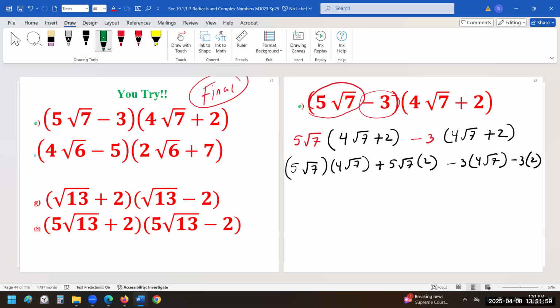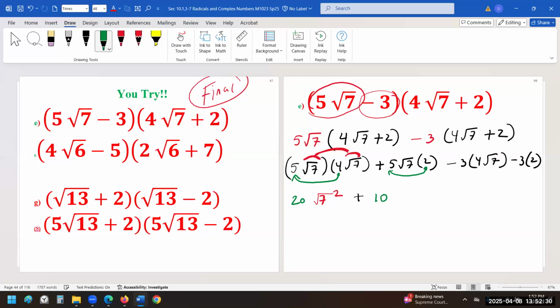When you multiply, the numbers go with the numbers, radical with the radical. So 5 and 4, their numbers, we get 20. Square root of 7 and square root of 7, they're the exact same two things. So we get square root of 7 square. In the next one, only 5 and 2 are the numbers.